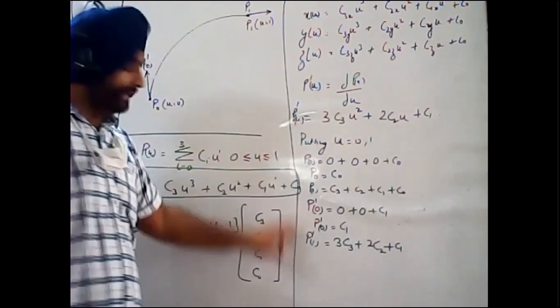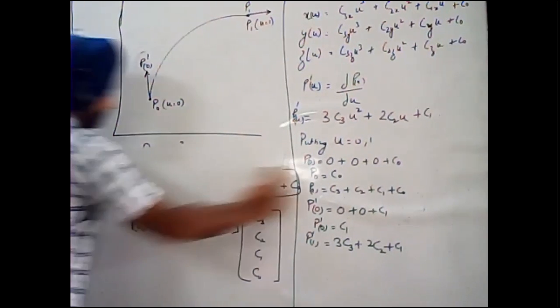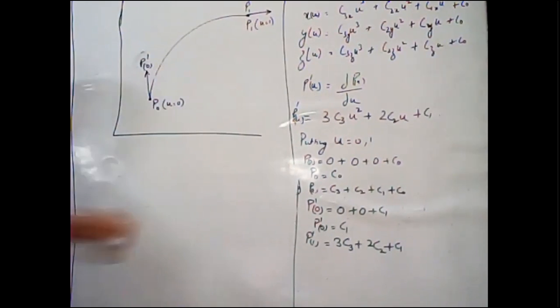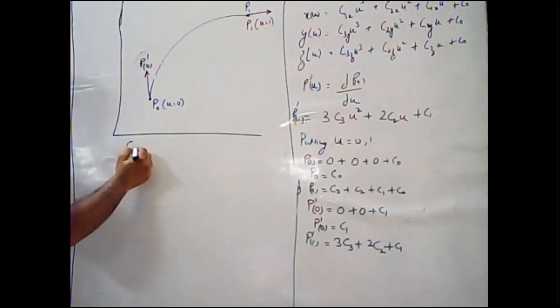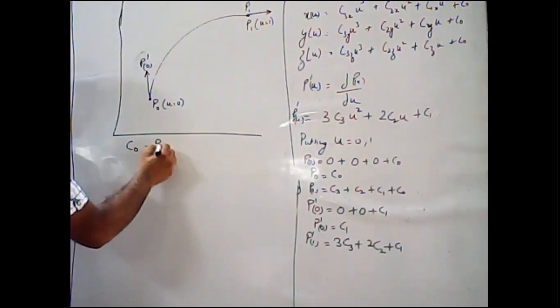So calculating these values, you will find out that C naught is equal to P naught. That is already calculated.